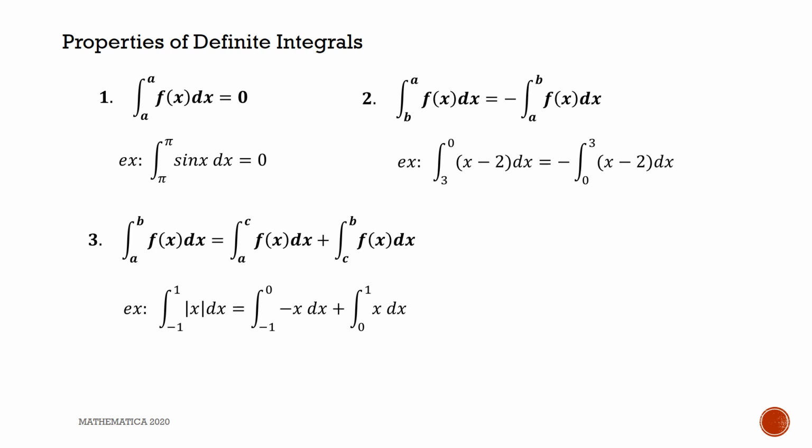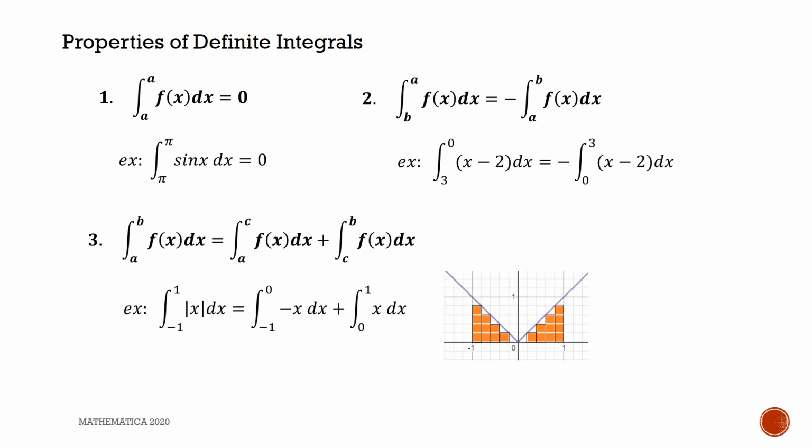Because we all know what the absolute value of x looks like, we know that from -1 to 0, it's negative x, and from 0 to 1, it's positive x. So we need to break it up into two parts to be able to evaluate the definite integral or to find the area underneath the curve, in this particular case, between -1 and 1. But I'll do a more specific example in the next slides.